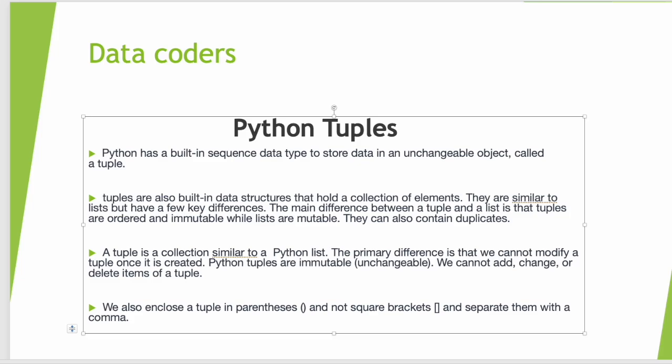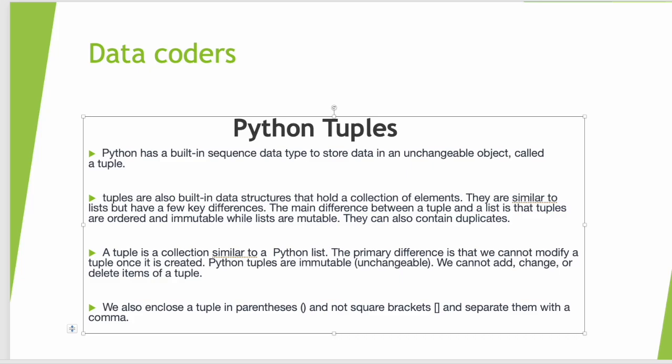Mutable means once we create this list, we can make changes as per your use cases. If you need, you can make changes, you can rename, you can update. But on the other side, for a tuple you can't make any changes once you create it, and it can contain duplicates also.